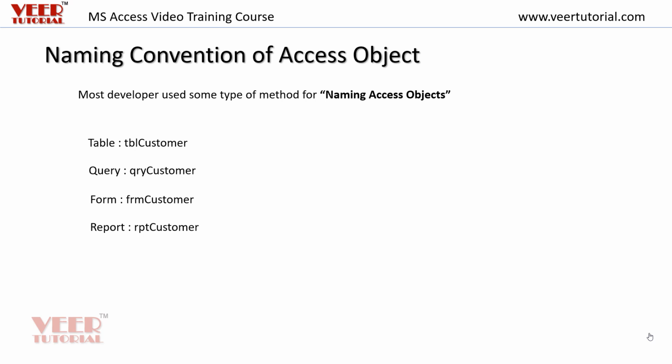When I create a label report for printing the labels, I put RPT customer's name and I can easily identify it's a report. So by that convention or method, you can give the name of any type of object and you can easily identify it when you refer to that particular object in the programming or in the macros.